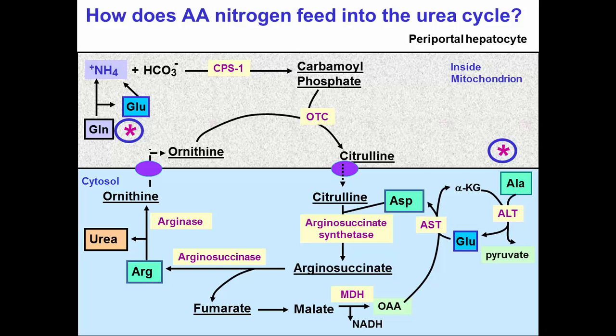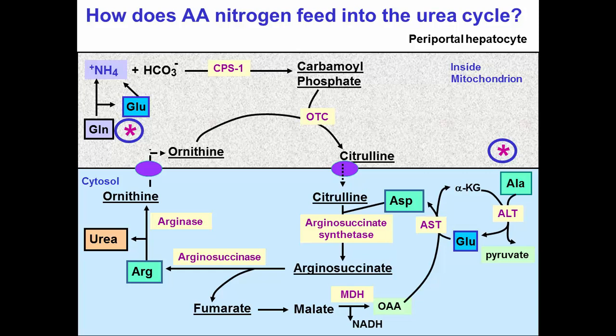So amino acid nitrogen can feed in through transamination reactions. That's really what I'm trying to depict over here. I'm showing alanine as one of them. And then we have glutamine and glutamate that are helping us get amino nitrogen, right? And so, again, anytime you've got transamination reactions to produce glutamate, glutamate can then be deaminated, and that's the immediate way we get from glutamate into the urea cycle ammonia.